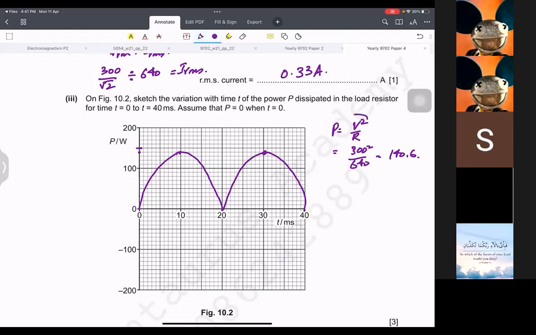Because voltage can switch, but when you put a square on it, it has to come to the top. So being 140, 140.6%. Do you guys understand? It should not be in minus at all. Yes, sir, I made this mistake. Yes, should not be like that.